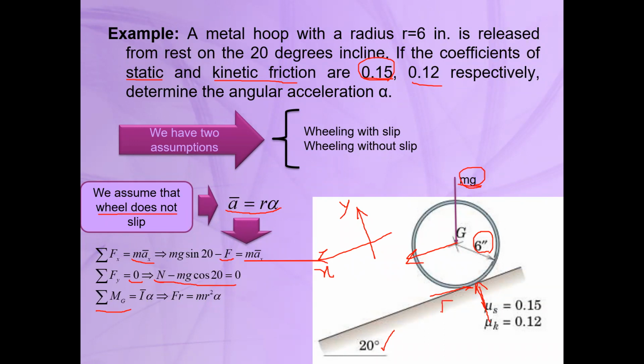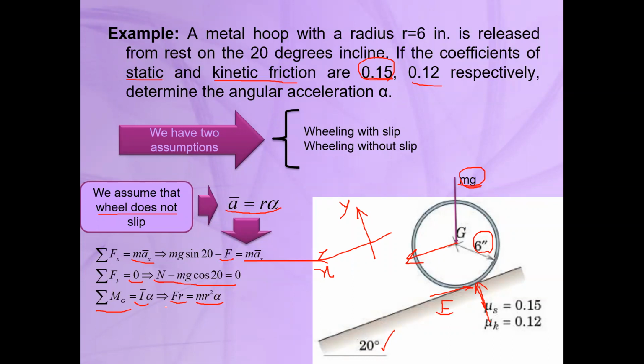Only this force F will create a moment about the mass center. So the moment due to this force F is F times its radius, F times R, and it's equal to the mass moment of inertia about the mass center times alpha. We know that the mass moment of inertia for a hoop, a simple ring, about the mass center is equal to mr squared.